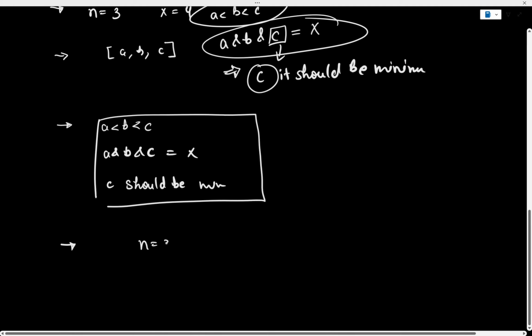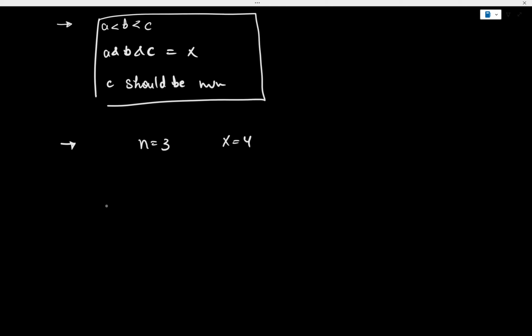n is 3, x is 4, and we'll see how we'll make that array also. So if we have something like this, let's do the AND of 4, 5 and 6. 4 is 1 0 0, 5 is 1 0 1, and 6 is 1 1 0.